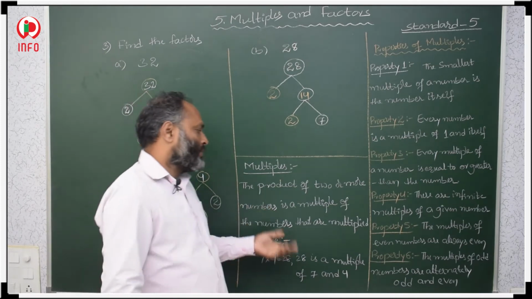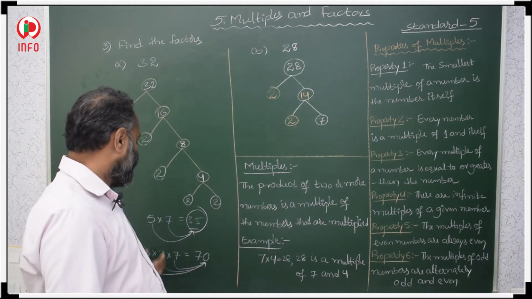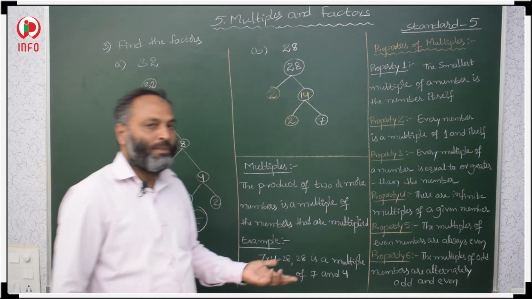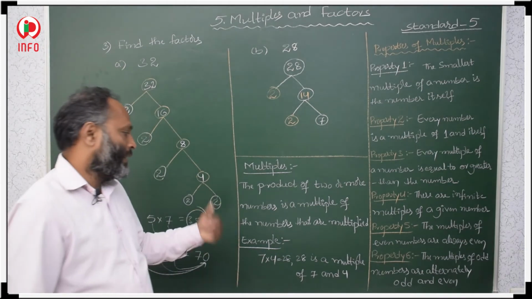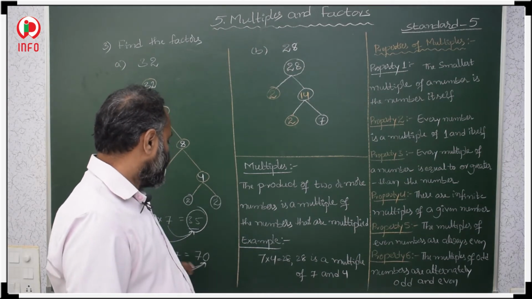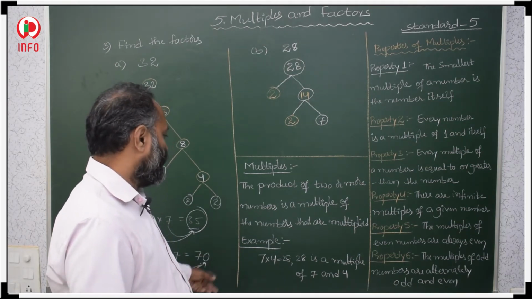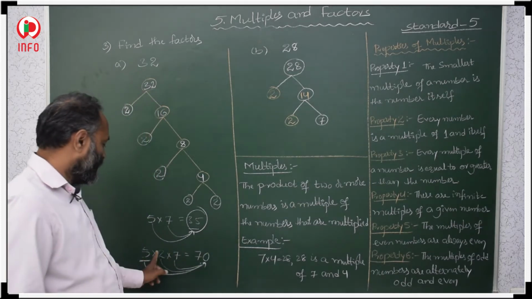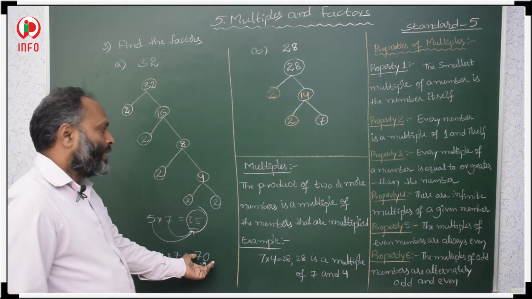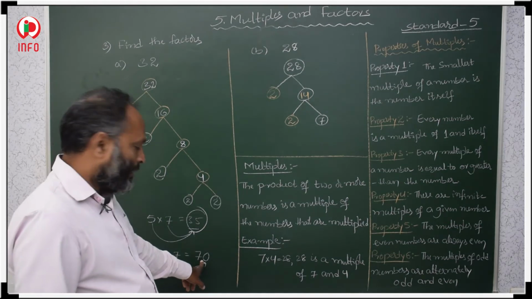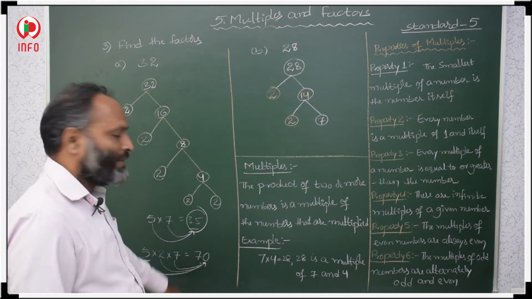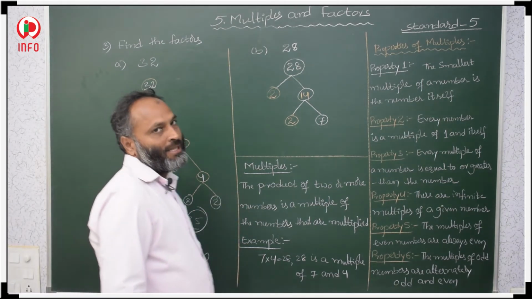Here 2 numbers are multiplied, and here 3 numbers are multiplied. So the product of 2 or more numbers is a multiple of each of the numbers multiplied: of 5, of 2, of 7.